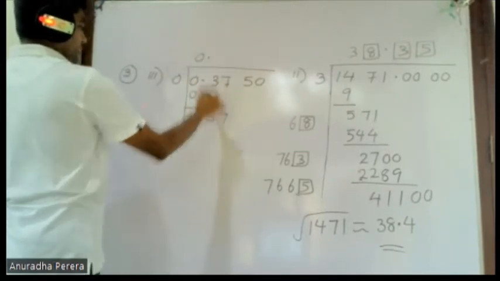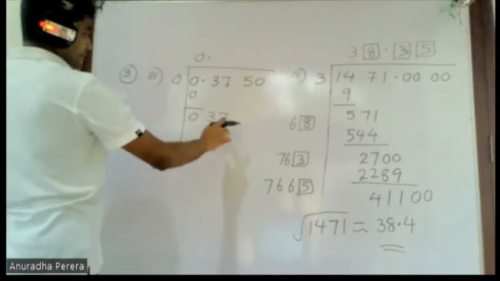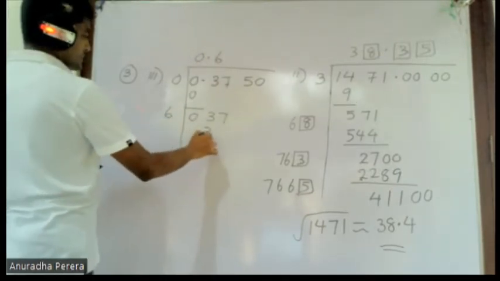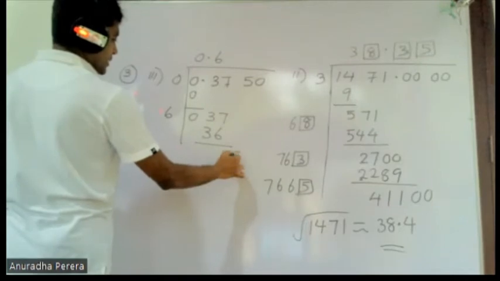Put the decimal point. The complete square less than 36 is 36, whose square root is 6. Subtract 36, take 50. Then twice of 6 is 12.